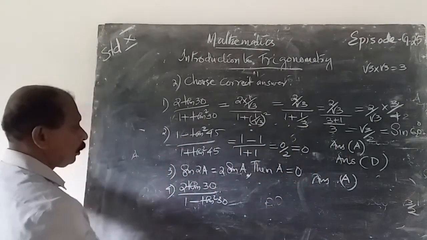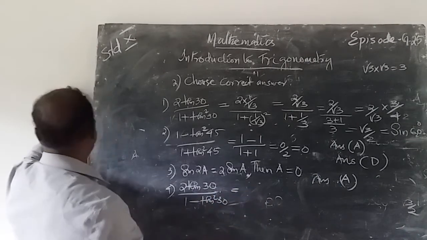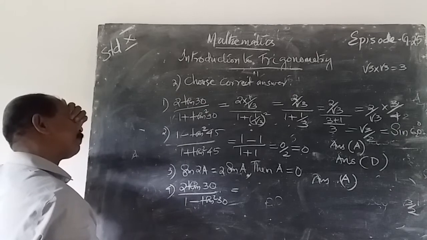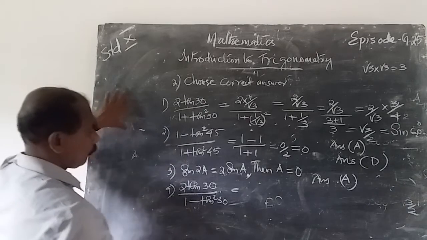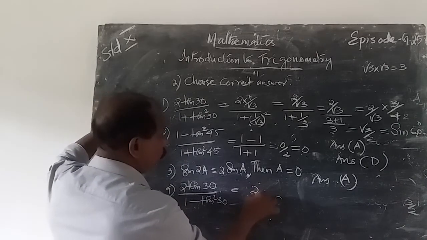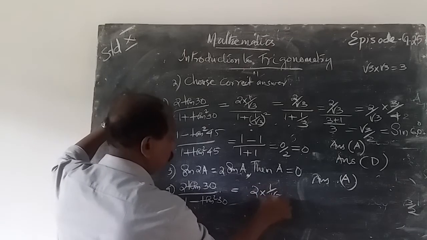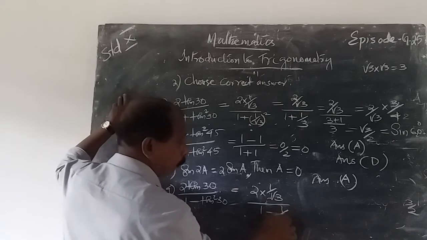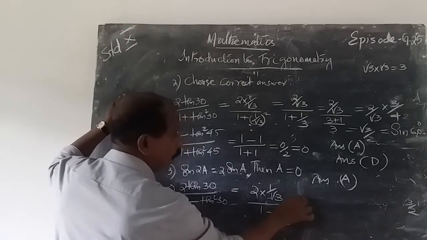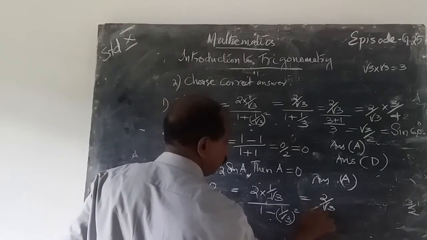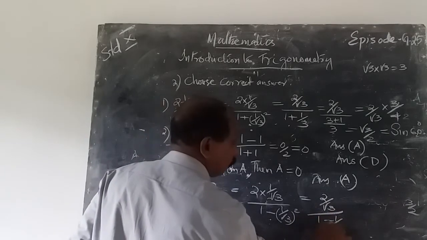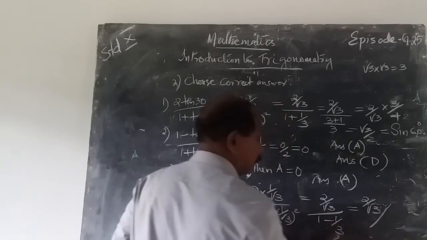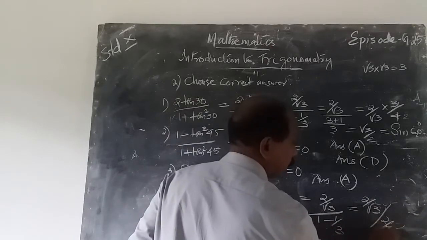The next one, 2 tan 30 by 1 minus tan square 30 is equal to 2 into tan 30, 1 by root 3, by 1 minus tan 30 square, that is 1 by root 3 square. That is 2 by root 3 by 1 minus 1 by 3, which is 2 by root 3 by 3 minus 1 by 3, 2 by 3.